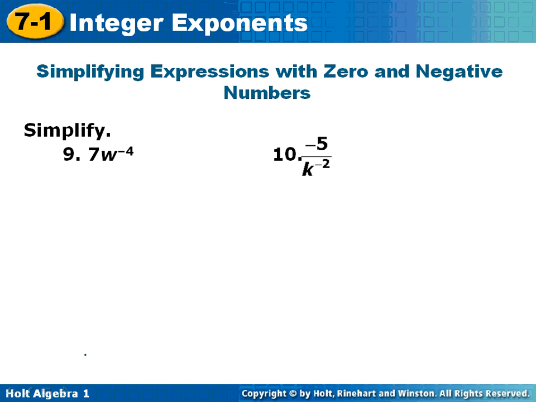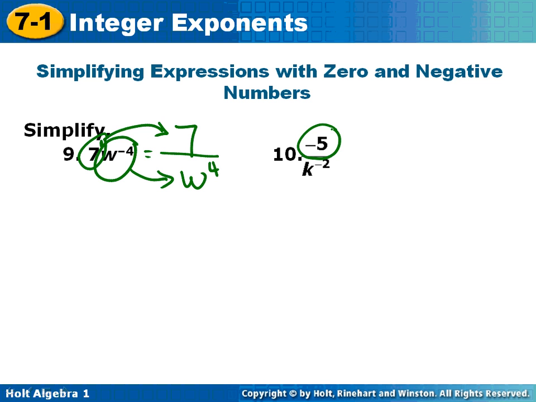Number 9. This 7 is to the first power. The w is to the negative 4 power. So that means the 7 is going to go where? On the top, because it's a positive exponent, it stays where it is. And then w to the negative 4 is going to go to the bottom. Number 10.